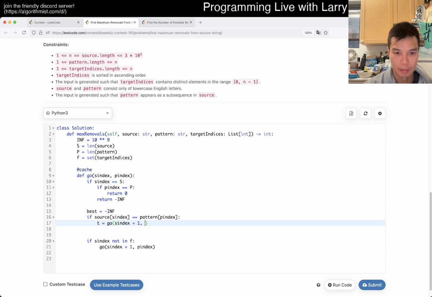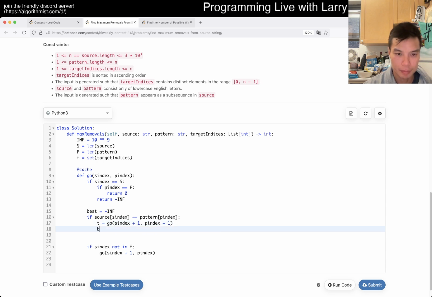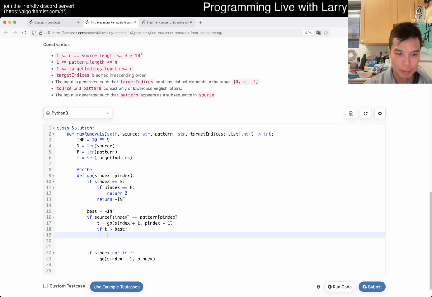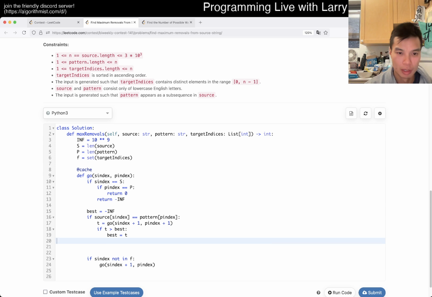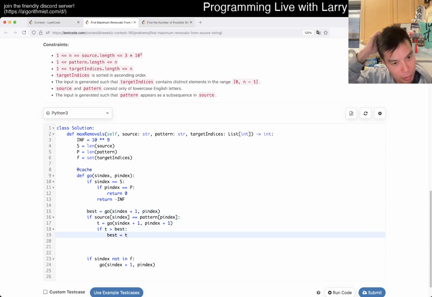Yep. What are you doing, Larry? Why are you struggling so much in this split? Okay, so then now we also want to just go in general, go S index plus 1, P index, we don't care, we don't match.